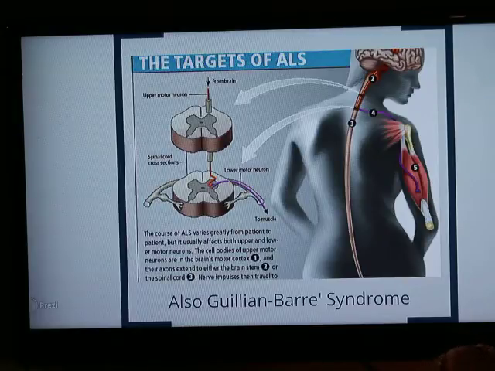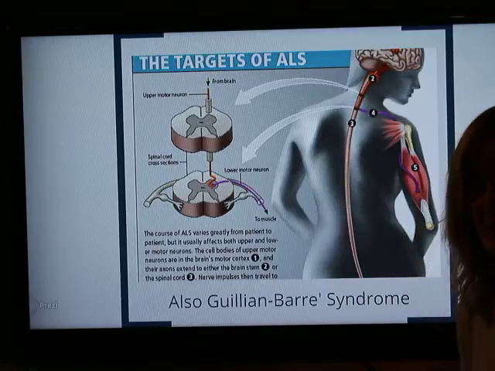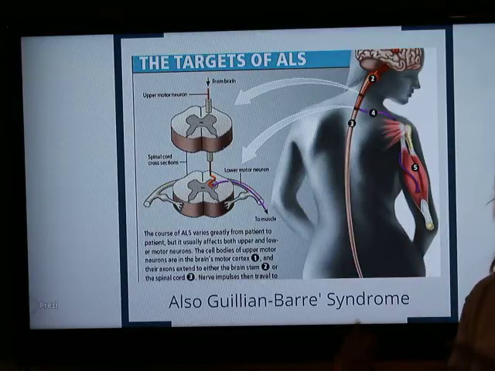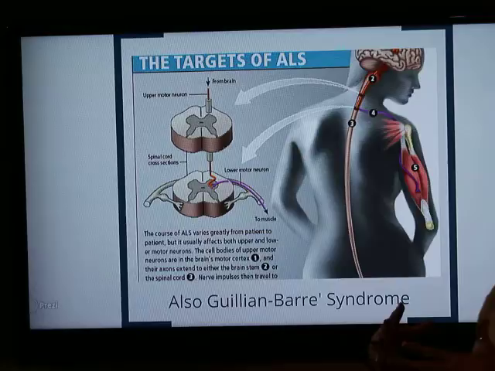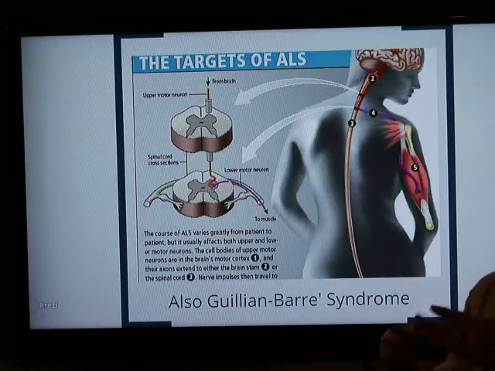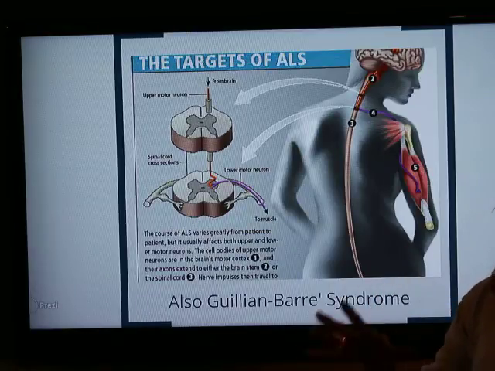Guillain-Barré is a disorder of the peripheral nerve. The myelin in the nerve starts getting destroyed. Now in Guillain-Barré, it almost always follows a virus.